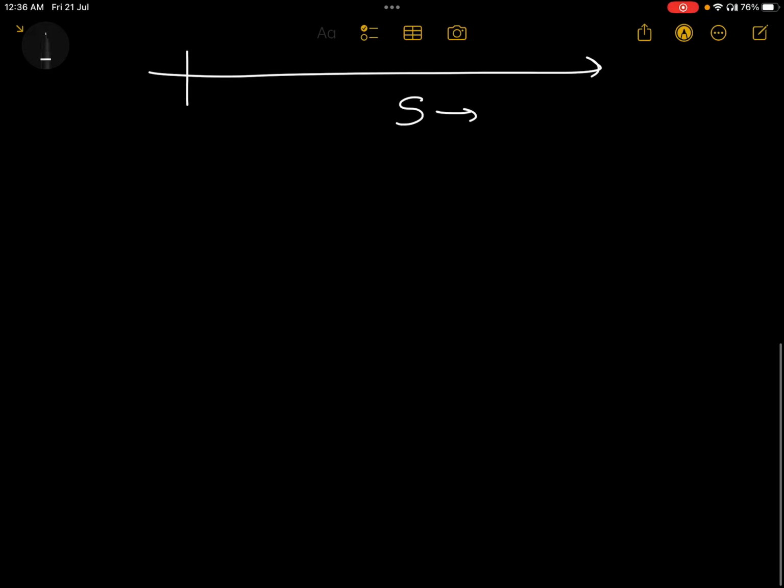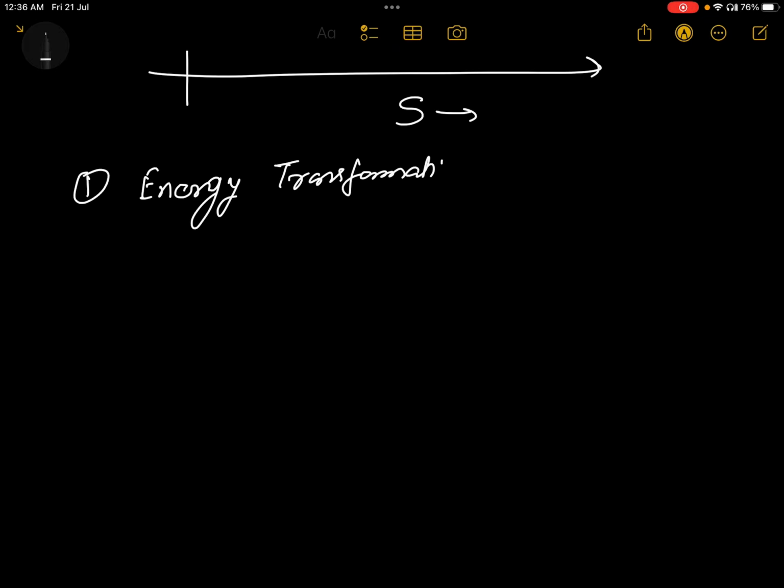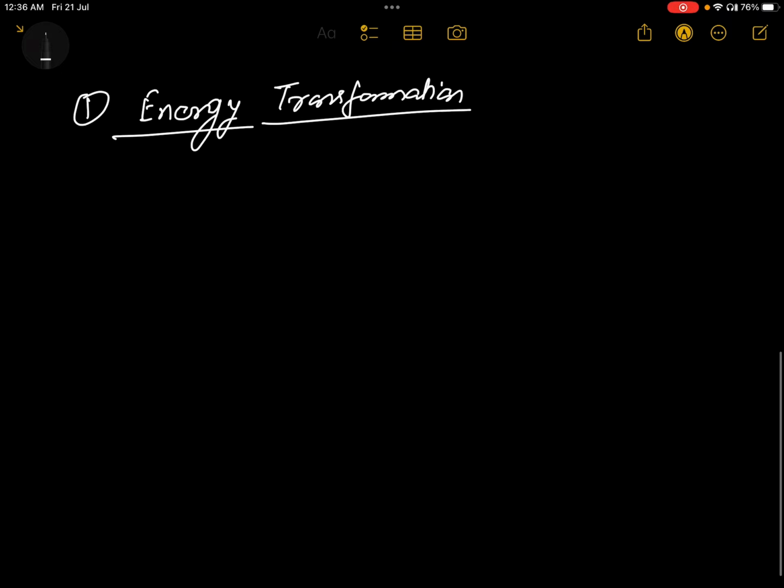Now we will understand the difference between energy transformation and energy transfer. First, let's see what energy transformation is. As its name suggests, here the energy is transforming its state, converting from one form to another form.